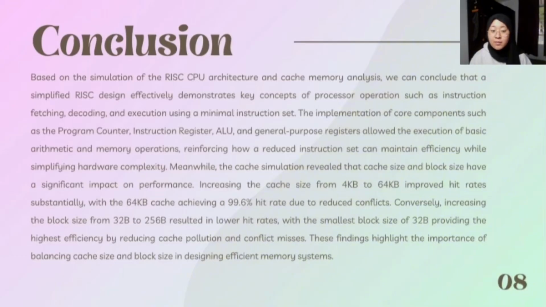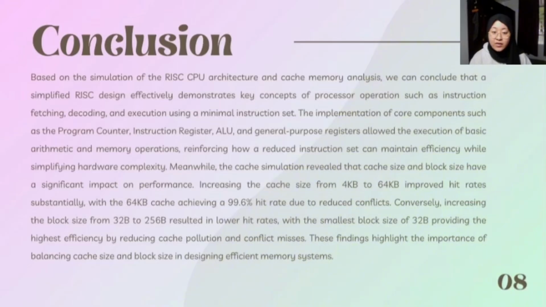Meanwhile, the cache simulation revealed that cache size and block size have a significant impact on performance. Increasing the cache size from 4 kilobytes to 64 kilobytes improved the hit rate substantially, with the 64 kilobyte cache achieving a 99.6% hit rate due to reduced conflict.